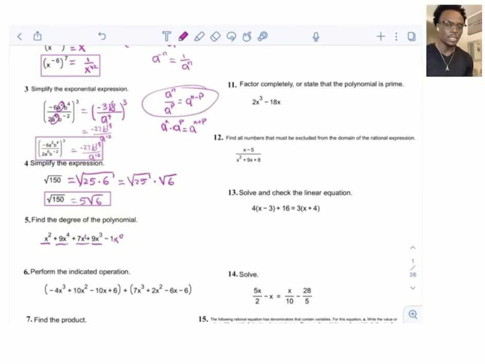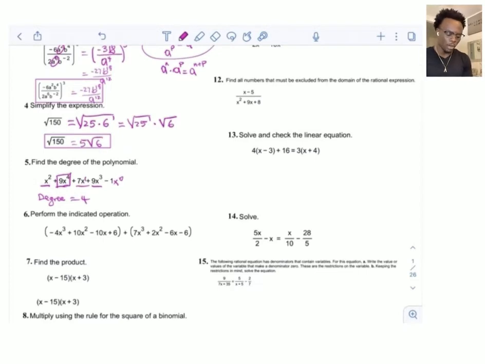So, which one is the largest? The largest exponent is 4. So 9x to the 4th is the leading term. The exponent of the variable in the leading term is the degree of the polynomial. So, degree equals 4. That was number 5.